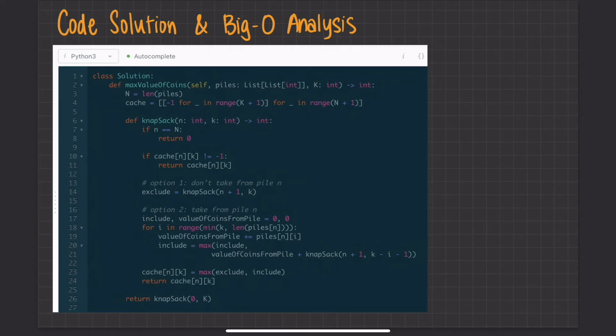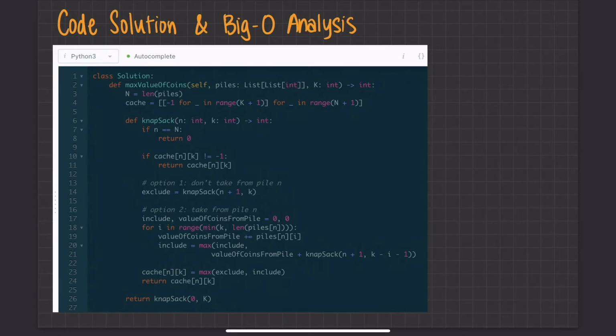What we do here is pretty clever. We take the minimum of k and the length of pile n. Why do we take the minimum? Well, if there are fewer than k coins left in pile n, then we can't take any more. For however many coins there are, we need to move forward to the next pile to take from.